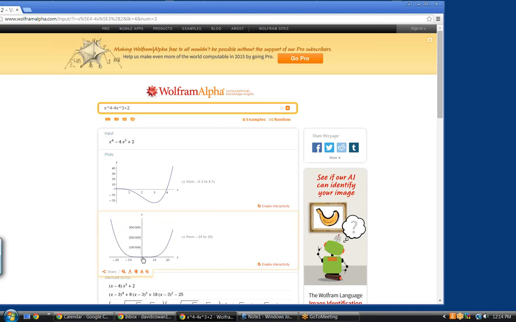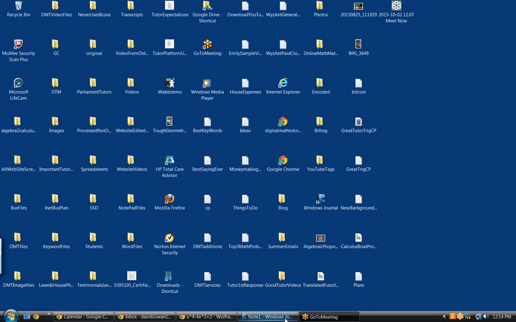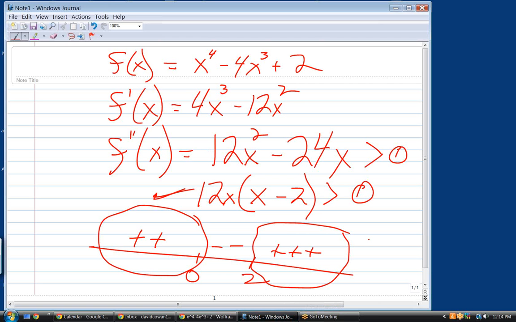So what you can't see on this scale here is there's actually a place between 0 and 2 where it's concave down, but you can see it on this scale. With me? Okay. Yeah. Okay. So that answers question 1, where it's concave up. Question 2 is where it's concave down. That's between 0 and 2.